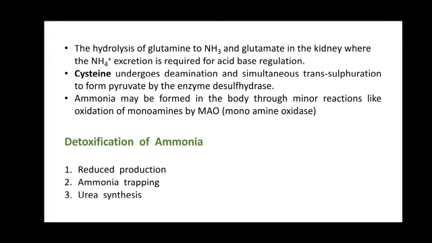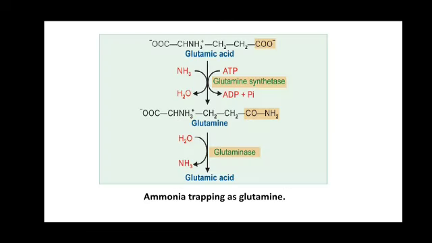So ammonia may be formed in the body through minor reactions like oxidation by MAO, that is monoamine oxidase, and the detoxification of ammonia, which reduces production, involves ammonia trapping and also urea synthesis.